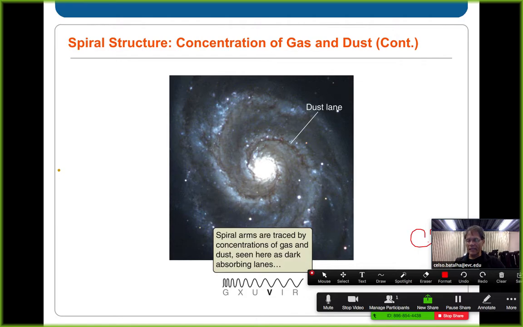So galaxies that show this dark dust lane indicate the presence of cold gas. And if there is cold gas in a certain environment, those are the proper conditions for star formation. So spiral galaxies have dust lanes, which means they have cold gas, which means they might be forming baby stars. They are pretty much fertile.